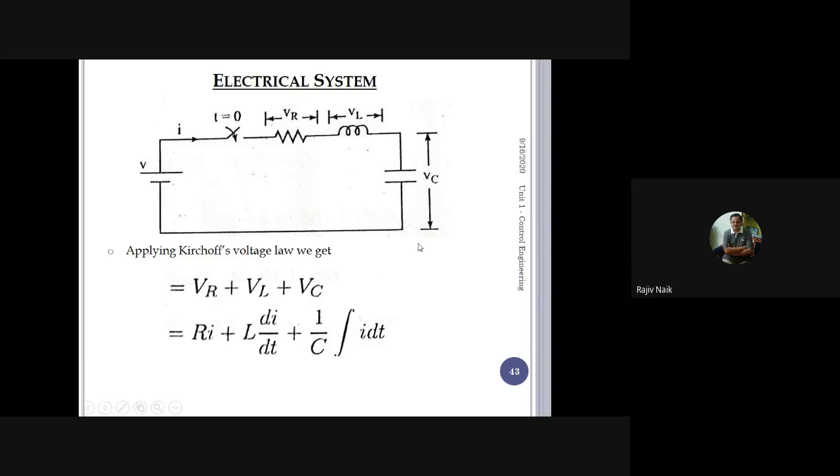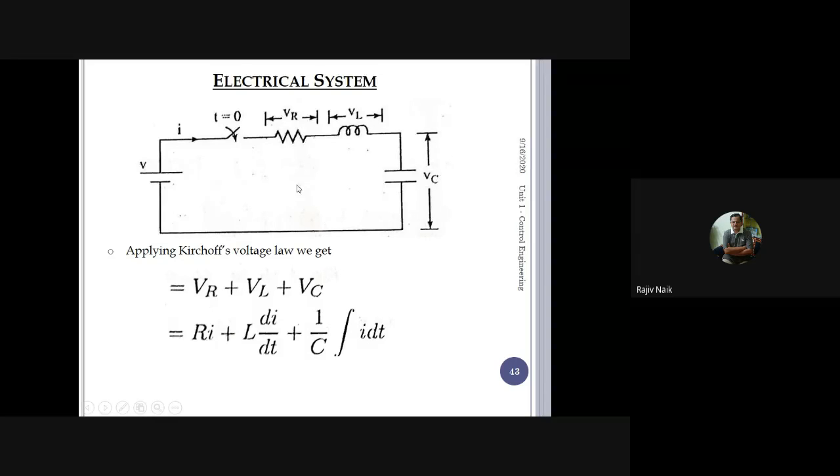From this circuit, you can write the external voltage V is equal to the voltage drop across resistance plus voltage drop across inductance plus voltage drop across capacitance.